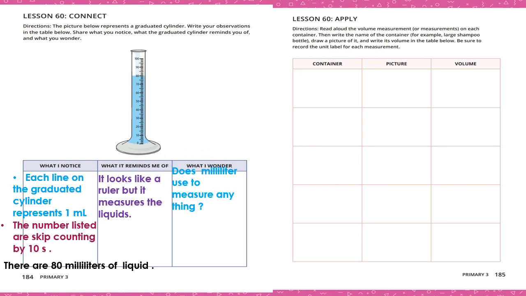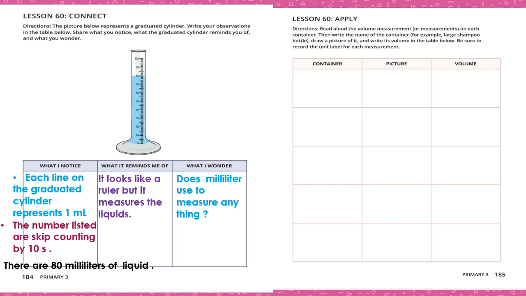What I wonder: is milliliter used to measure anything? No, because we use it to measure the small amount, but the liter to measure the big amount.